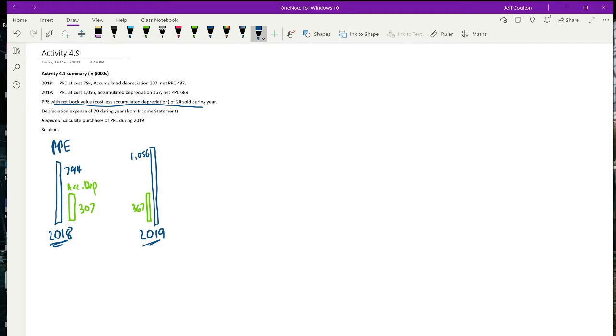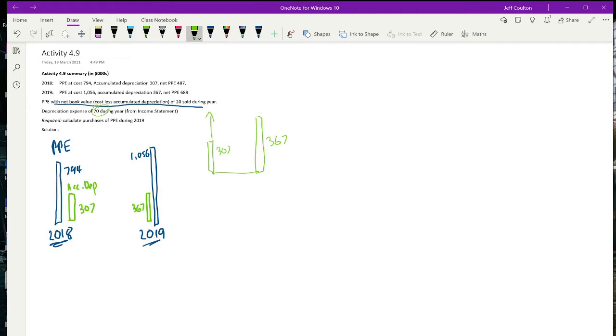So let's start with the accumulated depreciation account. We know it's gone from 307 up to 367. Now, what makes accumulated depreciation go up? The thing that makes it go up during the year is the depreciation of 70.